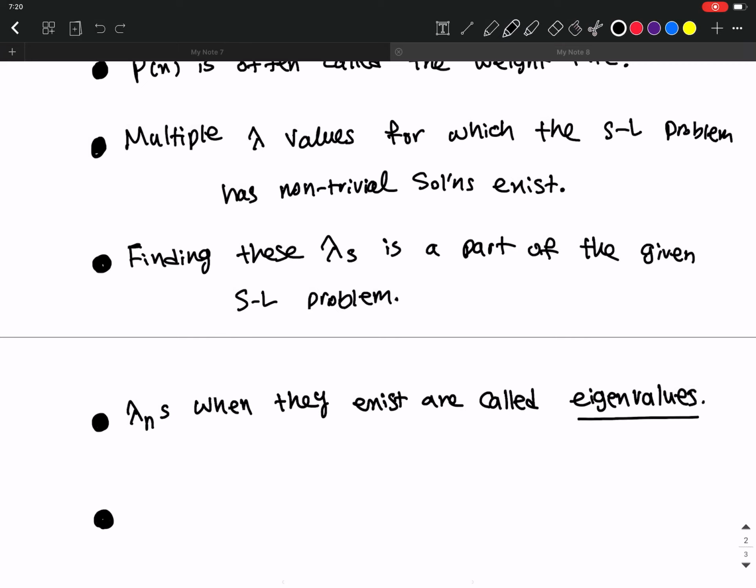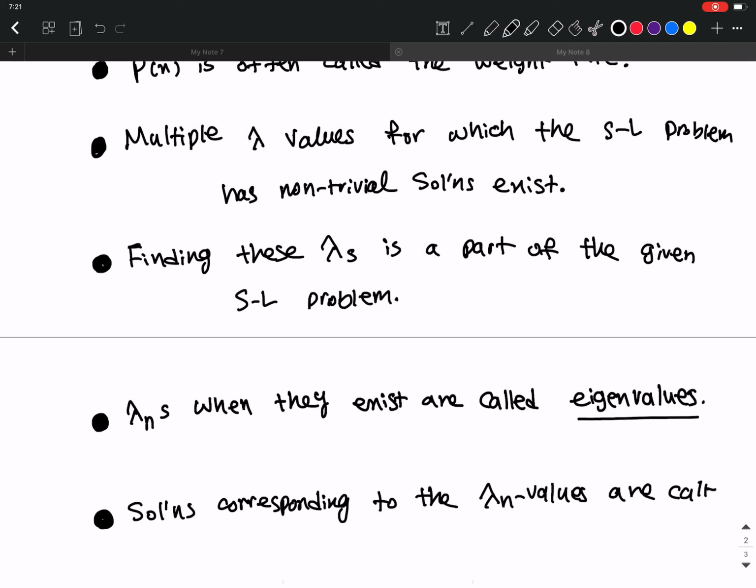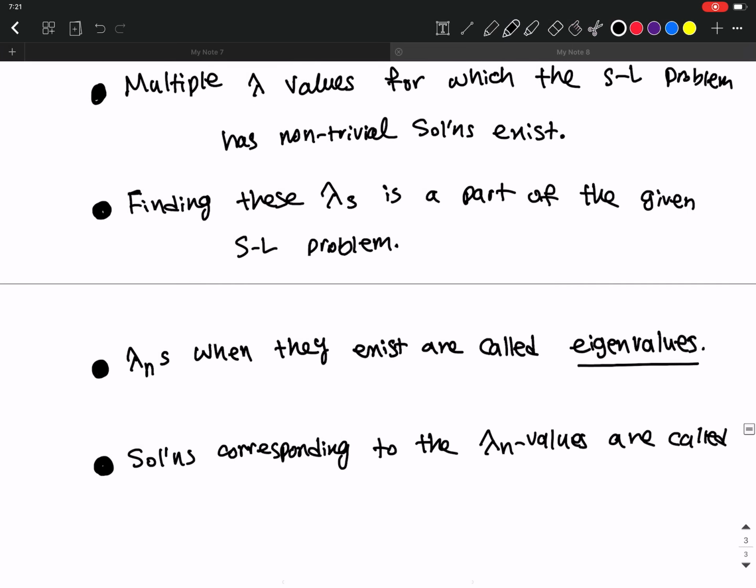Similarly, solutions corresponding to the lambda n values are called eigenfunctions.